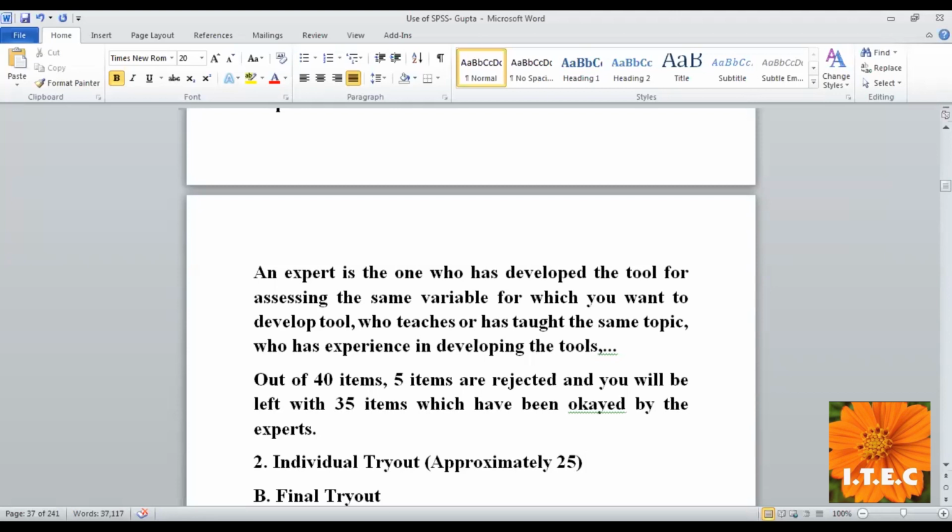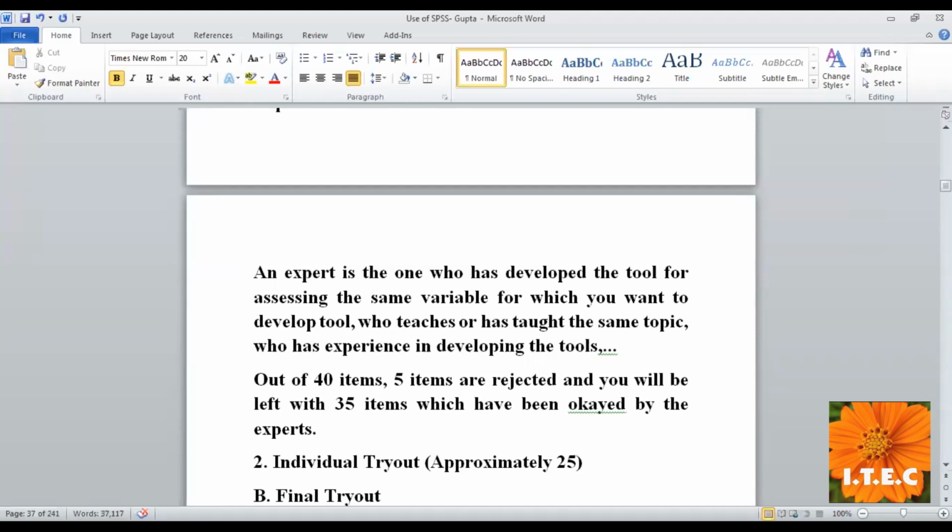So once the first item has been read, now give another item. Keep on giving the items as and when the person completes reading the previous one.